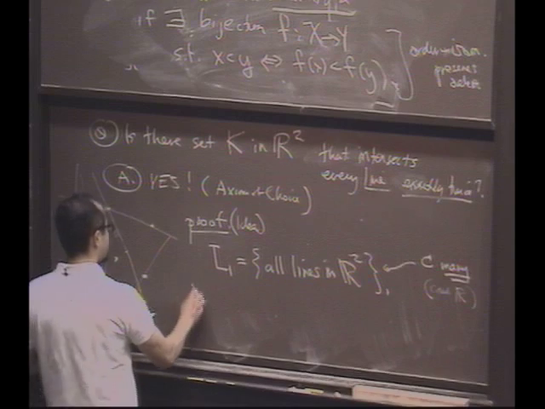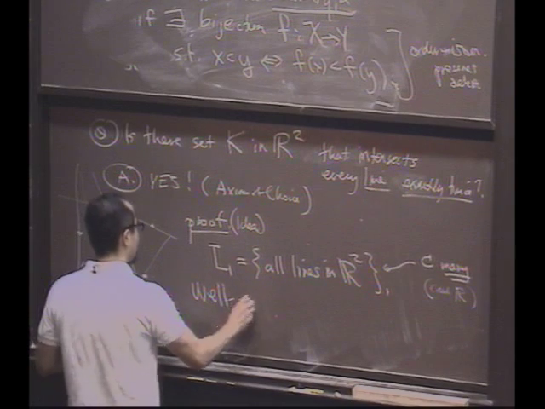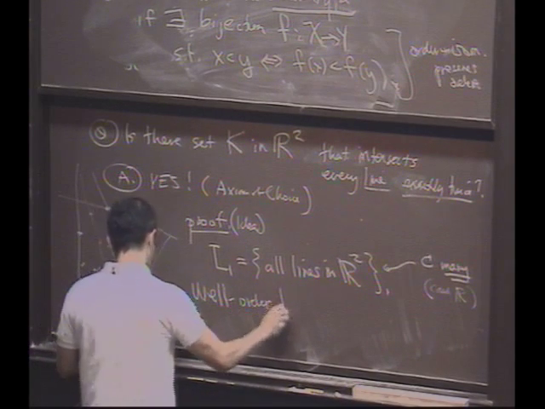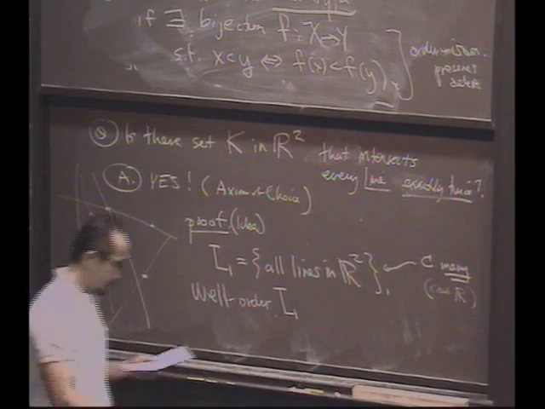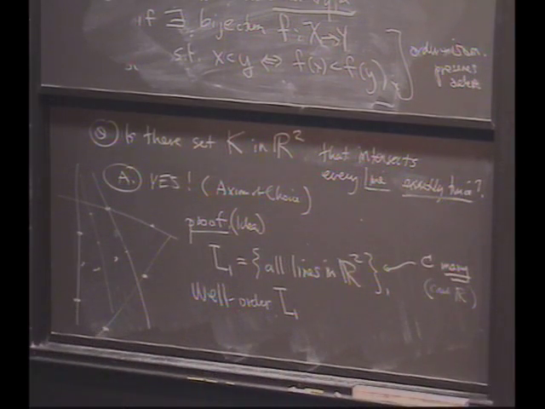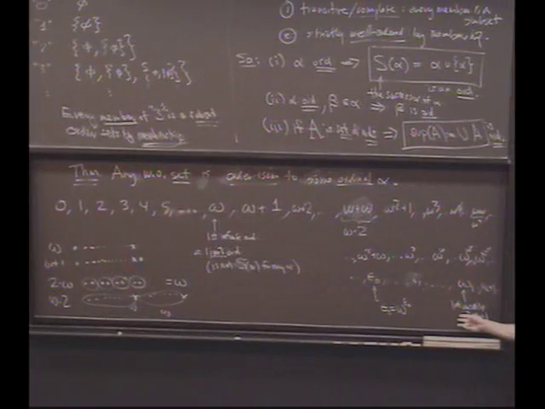Okay, so here's what I'm going to do just to start off. I'm going to well order L. And I'm going to do so with the order type of the first ordinal that has the cardinal C. Now, it may not be the first uncountable ordinal, because we don't want to assume the continuum hypothesis, okay?